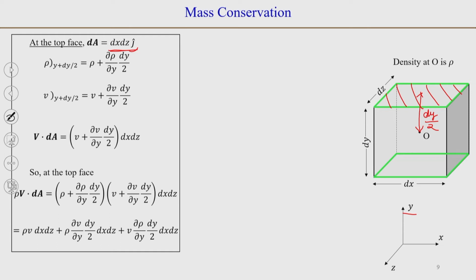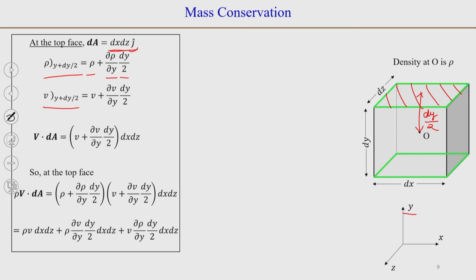The density there, because the face is at a distance dy by 2 from center O, will be rho plus ∂rho/∂y into dy by 2. So, now we are considering the variation along the y direction. Okay.